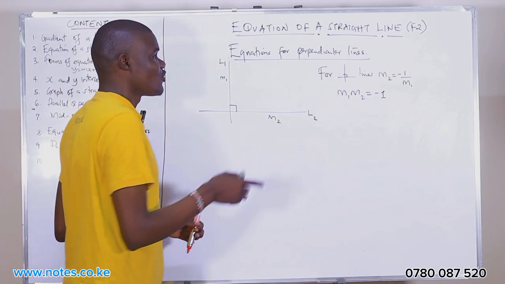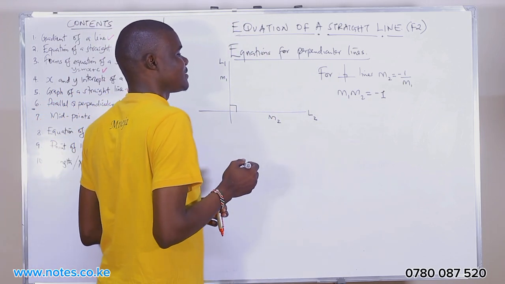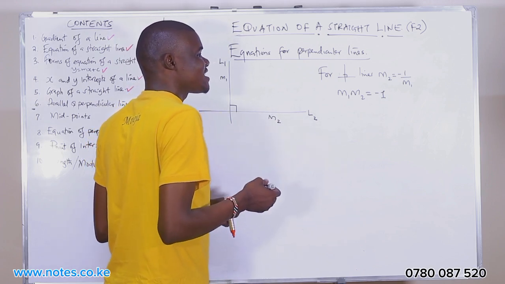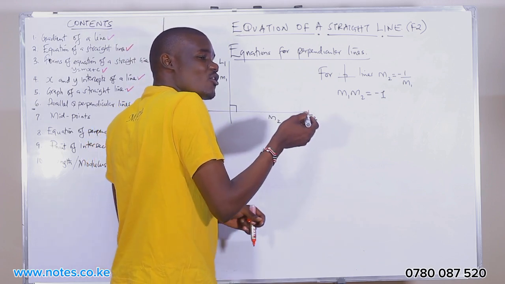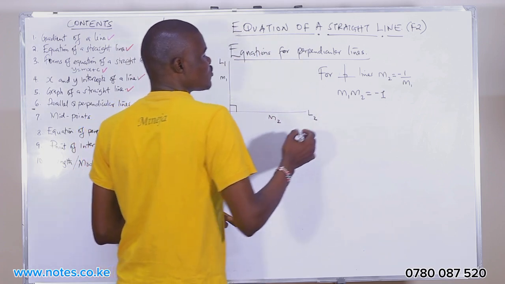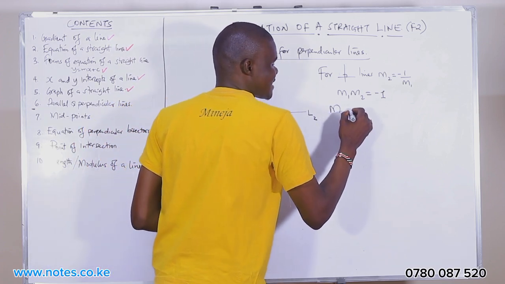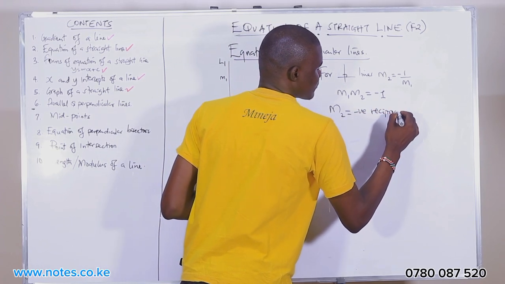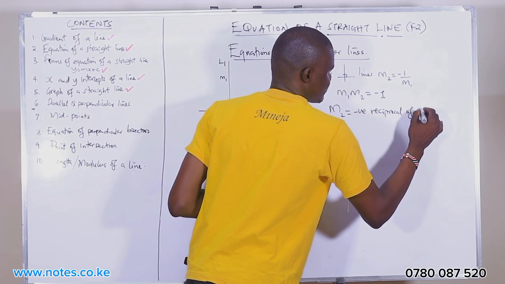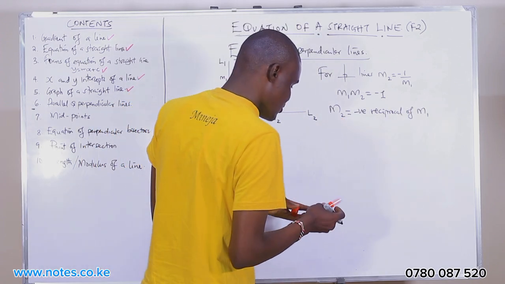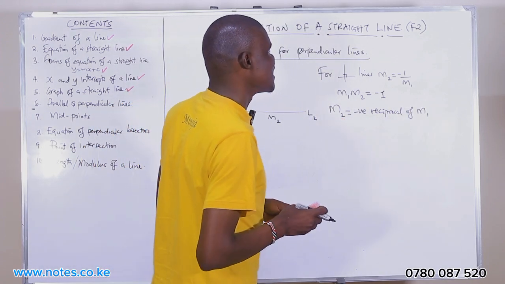Simply put, for you to get the gradient of a second line perpendicular to the other, you must get the reciprocal of that M1 and then you negate it. Very simple. So M2 is the negative reciprocal of M1. Reciprocal just means you have the denominator in the numerator, then you negate.